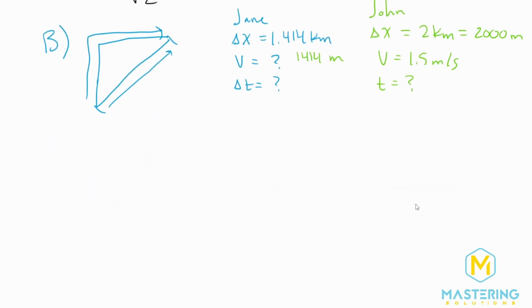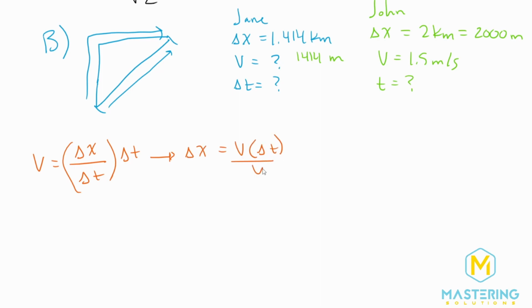So we need to figure out how long it took John so we know how long Jane has to do it. So velocity is equal to a change in distance over a change in time. And so we want to solve for time, so we'll multiply both sides of the equation by t. So delta x is equal to v times delta t.